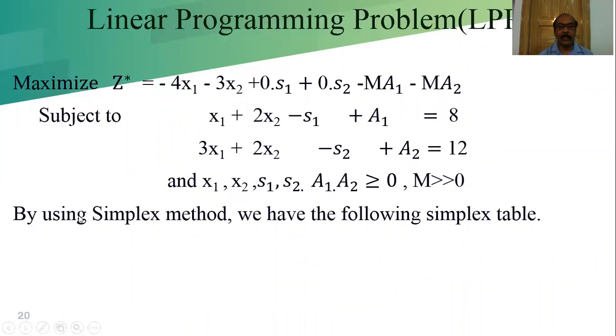By using the simplex method, we have the following simplex table. Since we have got the basis variables and equations corresponding to the given LPP, we can start the simplex algorithm. First we construct simplex table 1, then we start the iteration.